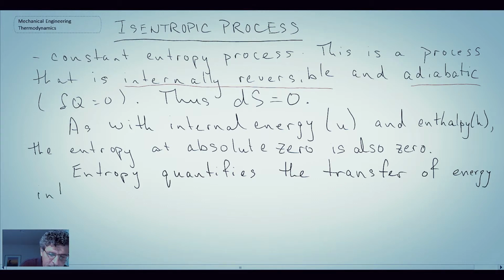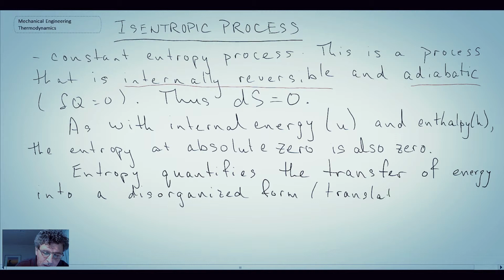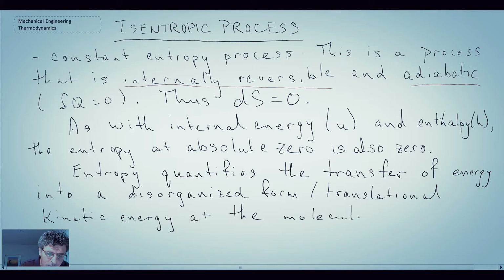So it's quantifying the transfer of energy into a disorganized form. And a disorganized form of energy would be translational kinetic energy at the molecular scale. So those are some of the different features of entropy.